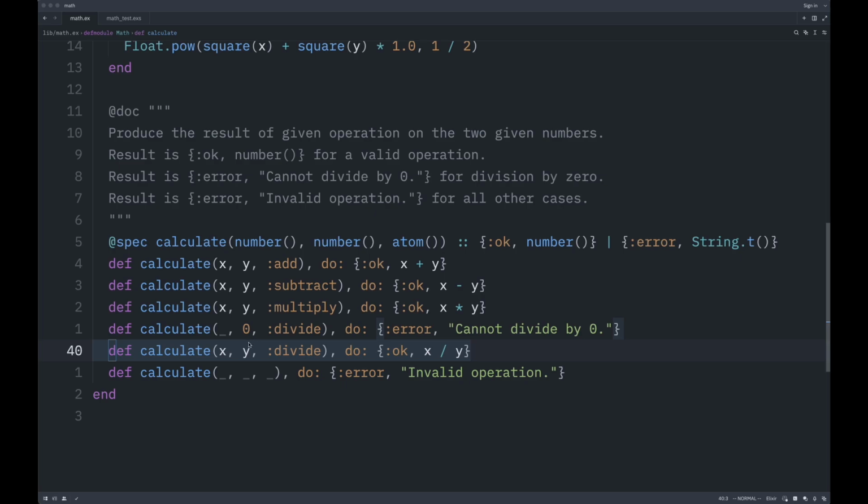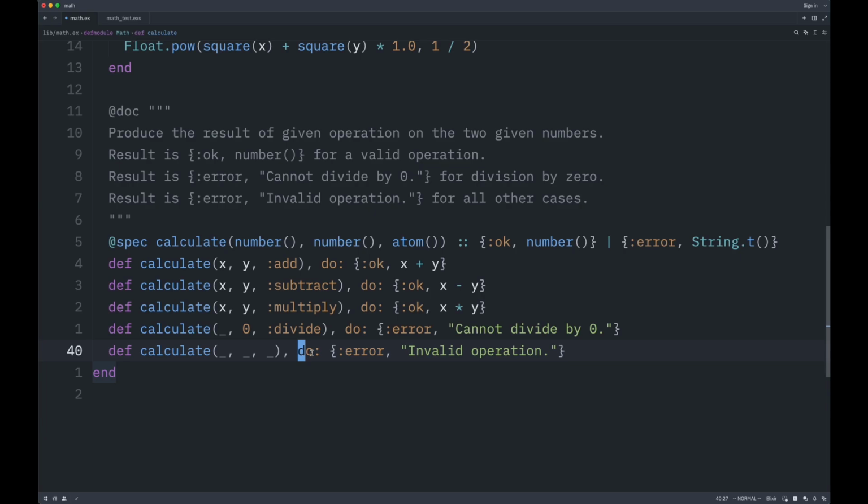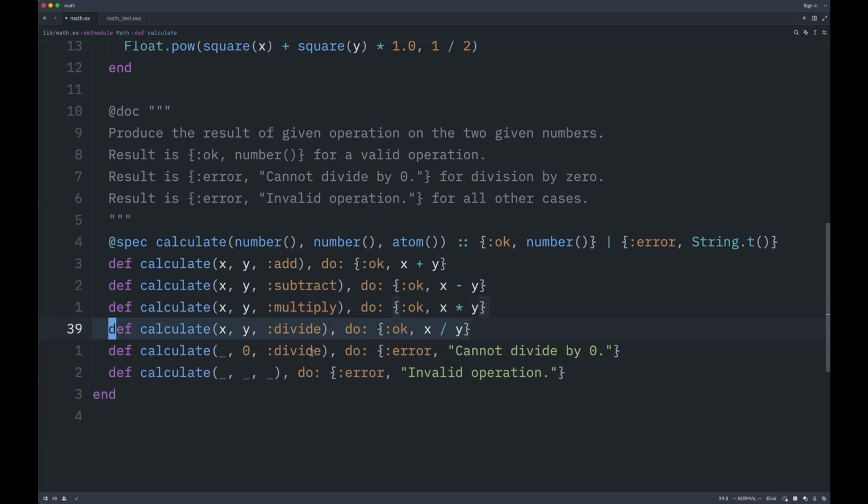So this pattern will always be matched by x y divide, and this function will be called always, and we will never reach this clause. Let's see that in motion here.